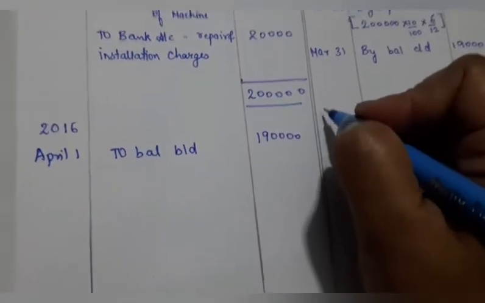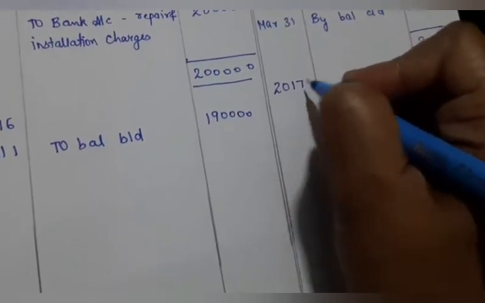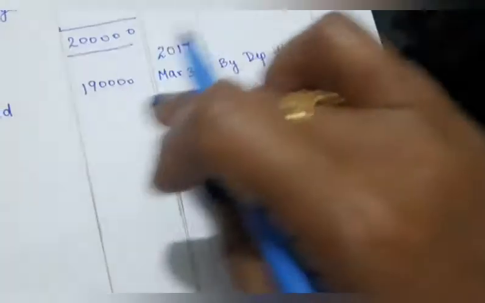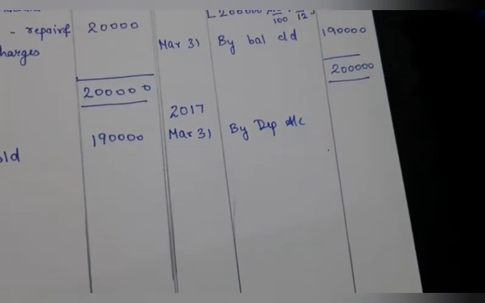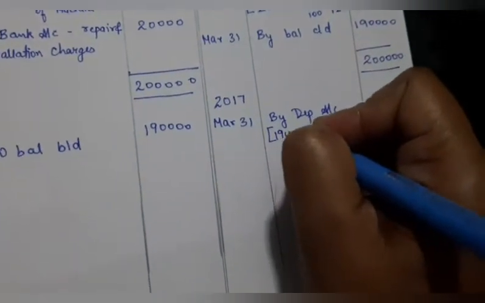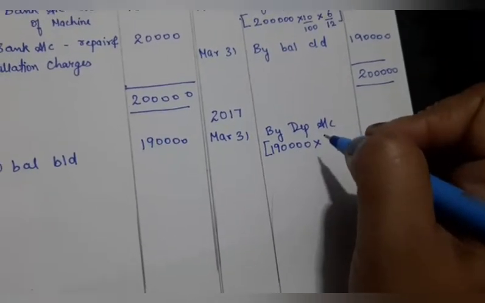Now again charging of depreciation in the next financial year, that is 2017, March 31st, by depreciation account. So here we are using this machinery for one complete year. Okay, right? So what is the depreciation we will charge over here? See, it is not on the cost of machinery, because this method is the written down value method.